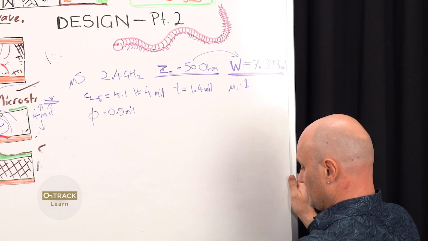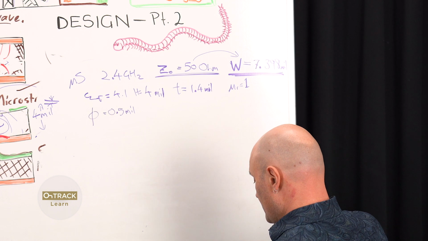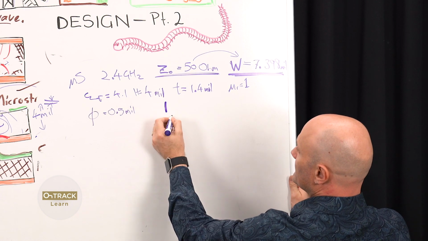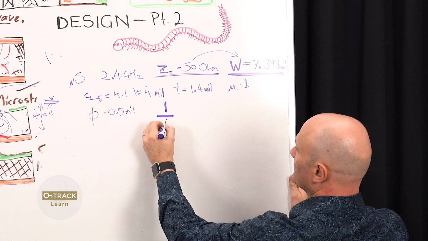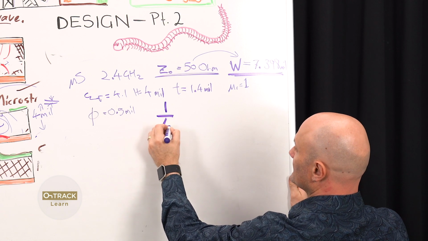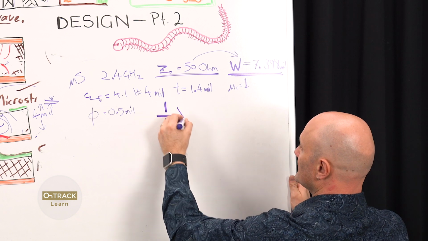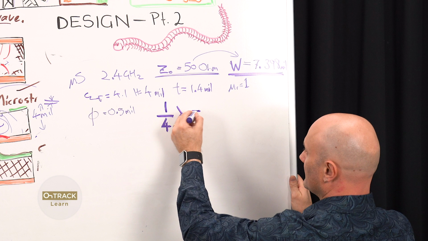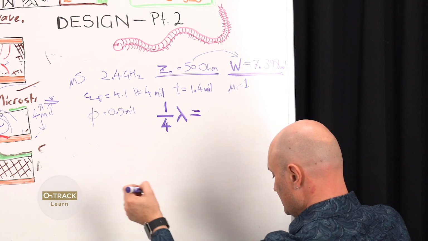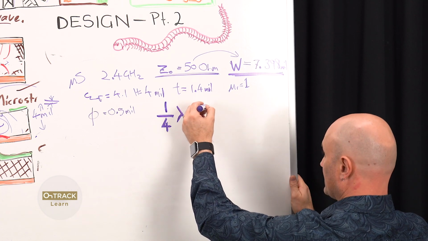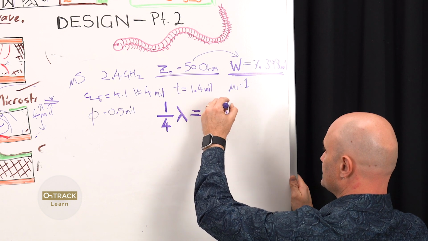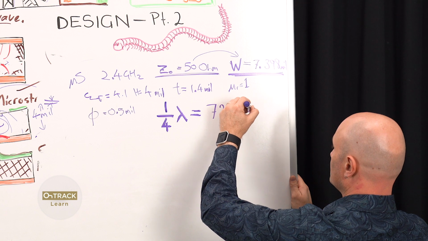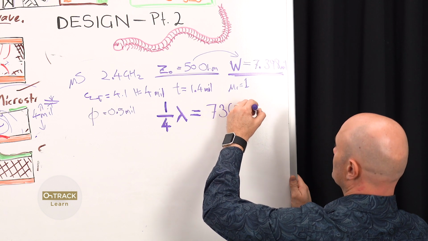Okay, then what else do we have? In the next episode I'll talk about the importance of a quarter wavelength more as we start to look at some of the transmission line structures. But a quarter wavelength for this scenario is approximately 736.03 mils long.